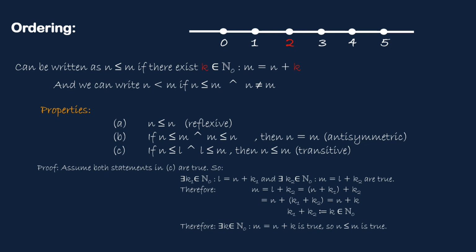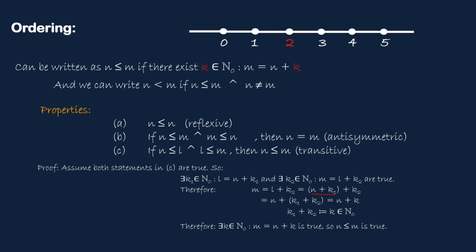Since we assume both statements are true, m is equal to L plus k sub 2. Then, since L is equal to n plus k sub 1, we substitute n plus k sub 1 here. So m is equal to n plus k sub 1 plus k sub 2.